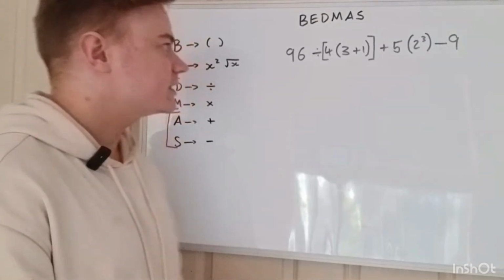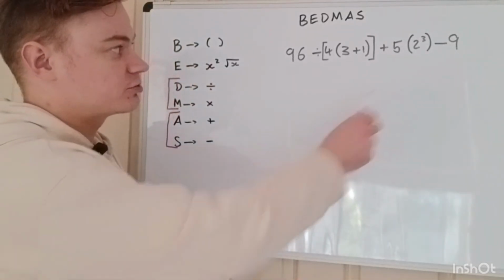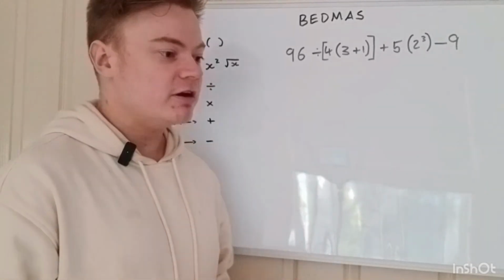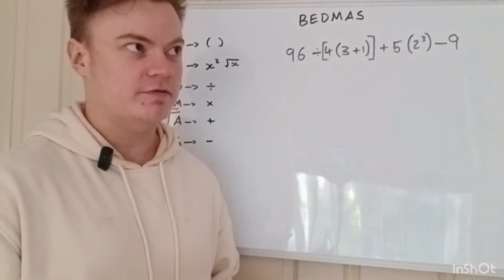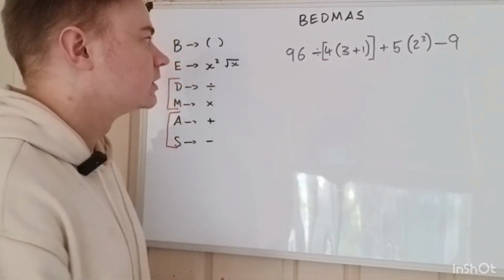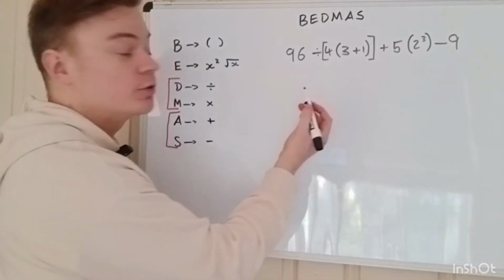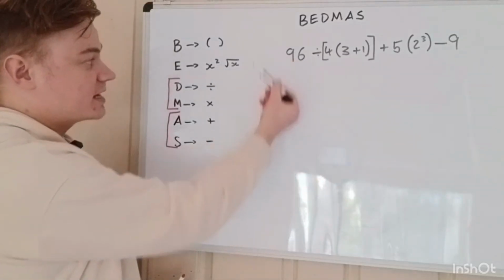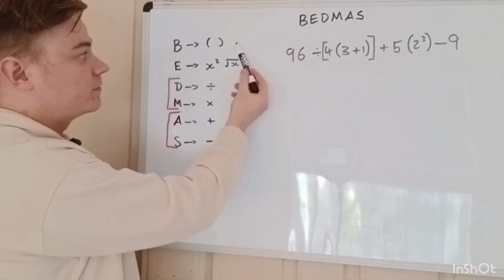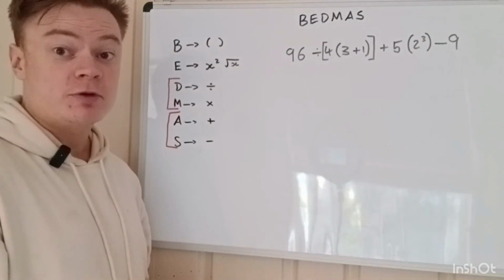So the first example is this one, which was written on the board. It looks big and scary, but I'm going to show you how it doesn't have to be as big and scary as it may seem. Okay, so what we first do is we go down our BEDMAS line, if you like. We first look at brackets. Do we have any brackets? Well, yes, we do.